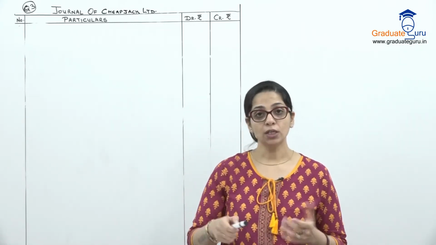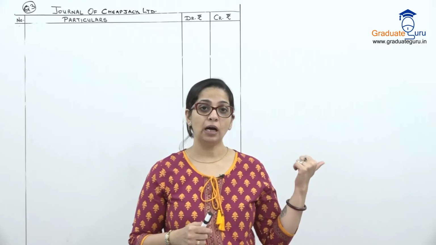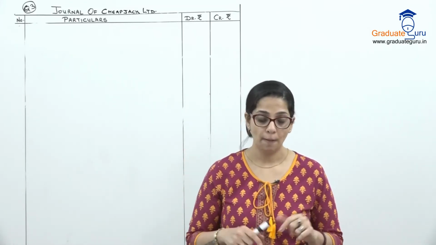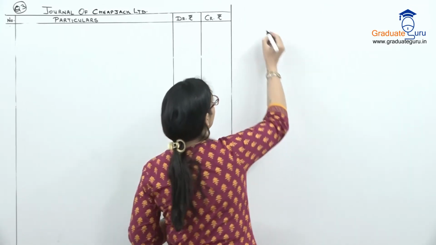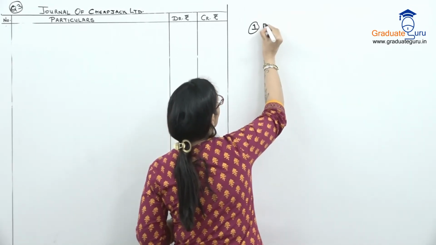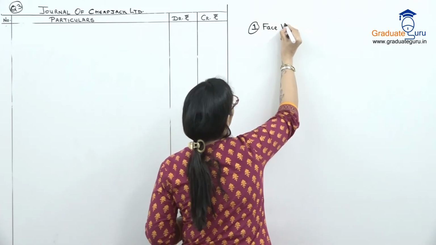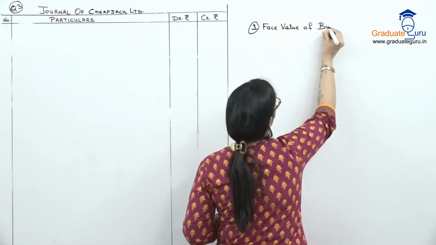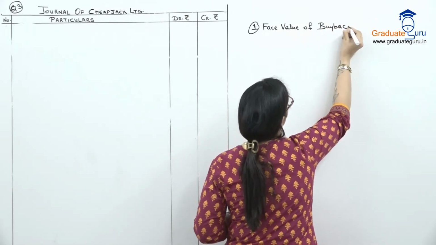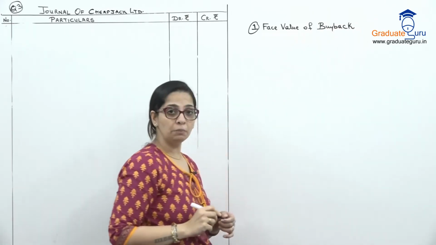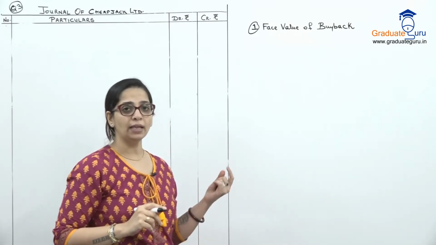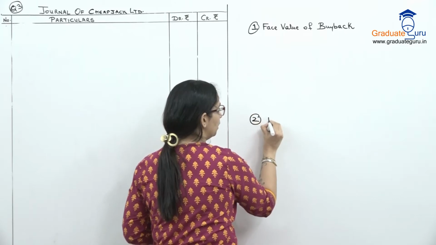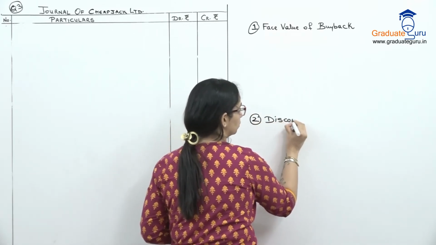Okay. So first, as usual, we'll make our equations. Once the equations are ready, we know what entries to pass. So first is face value of buyback. And this time there is no premium. There is no need to make an equation for discount, but just for our understanding, we'll make one equation for discount also.